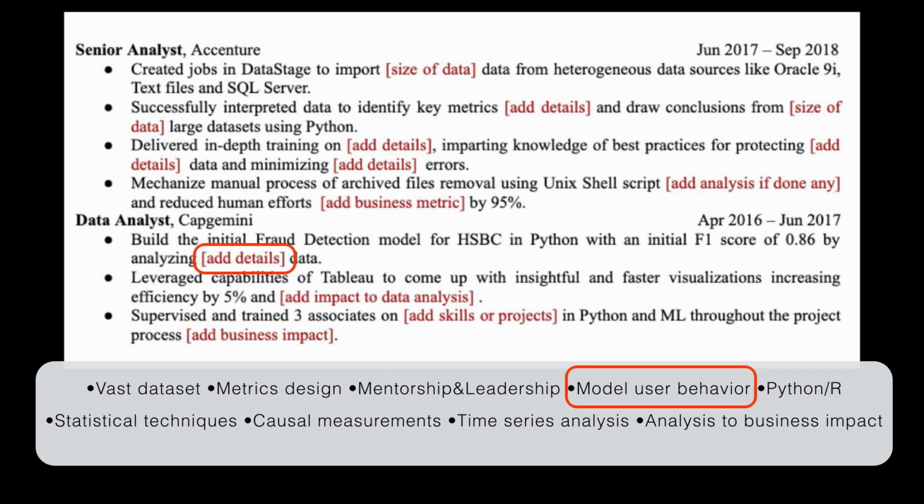Finally, for modeling user behavior, I suggest to elaborate the analysis that was done before building the fraud detection model to demonstrate his analytics skills. After making these changes, the resume highlights certain skills in the job description and it would fit the requirements better.